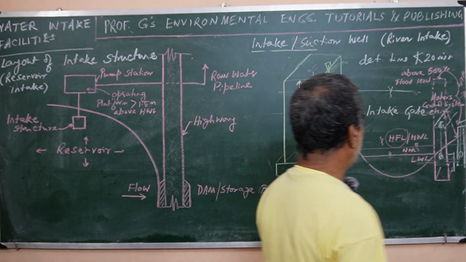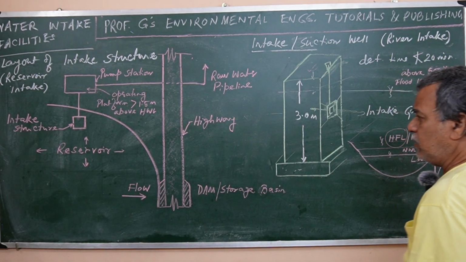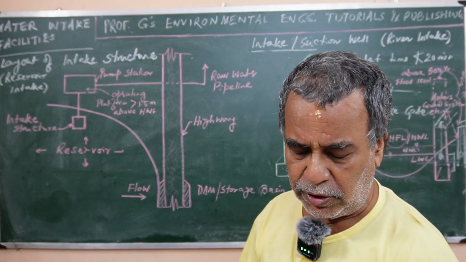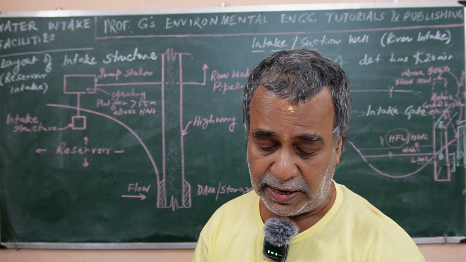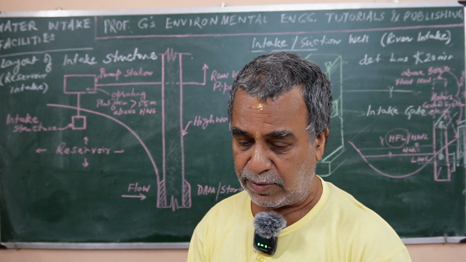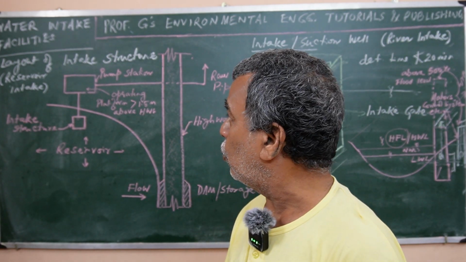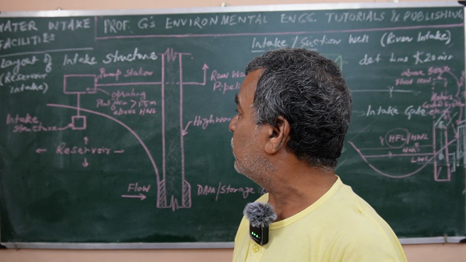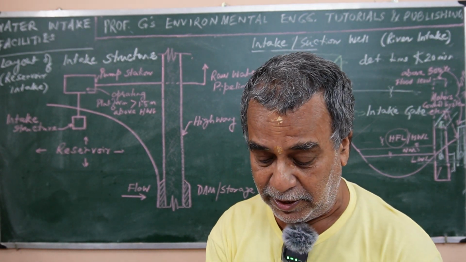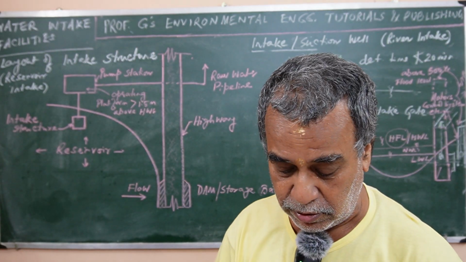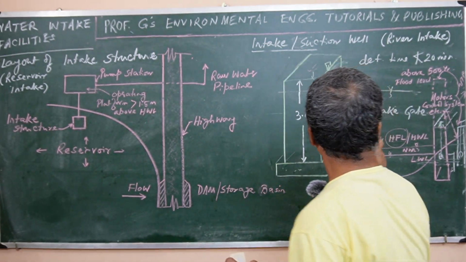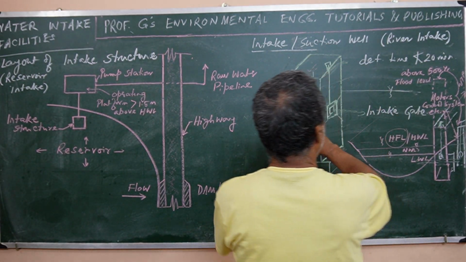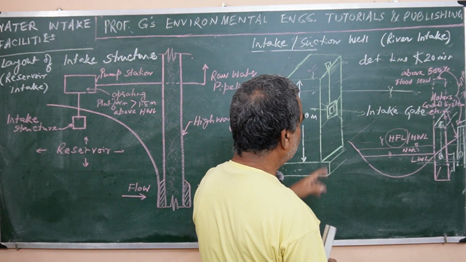Now this is the layout, and the 60 years design period I have already discussed; I am not going to repeat it. So this is a typical layout, and similarly the typical system is this. There may be other types of intakes also, not necessarily this kind.